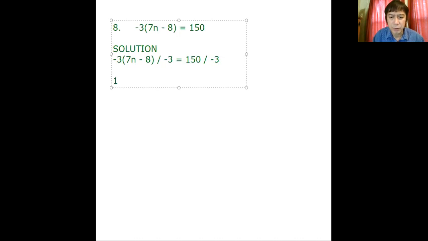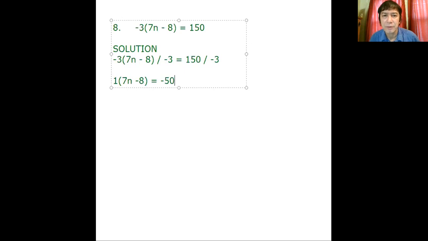So positive 1 times the quantity 7n minus 8, and this equates to the right side. That's 150 divided by negative 3. It's a negative 50. So a positive 150 divided by a negative 3 must be exactly negative 50.